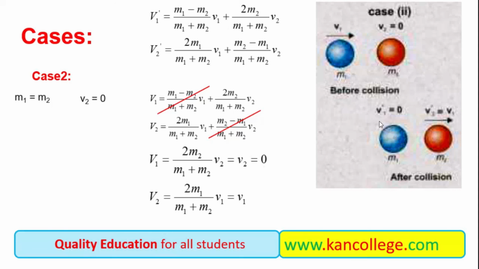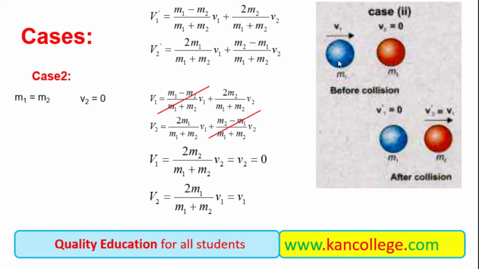So the first ball will stop after collision, and the second ball will move with the velocity v1.